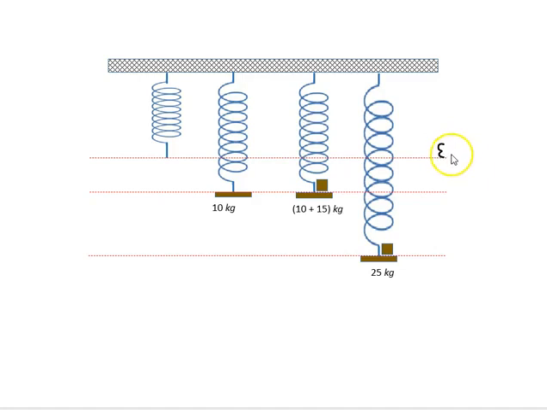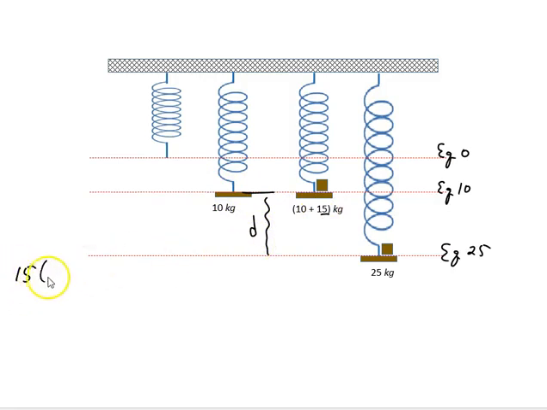We have the true EQ0. We have the EQ10 for the 10 kilogram pan. But what we're after is EQ25. And EQ25 from the original problem is an additional shift D based on adding the 15 kilograms.